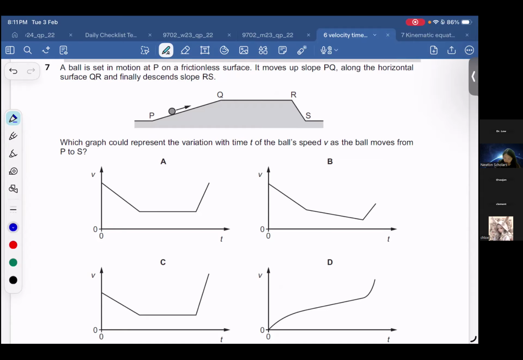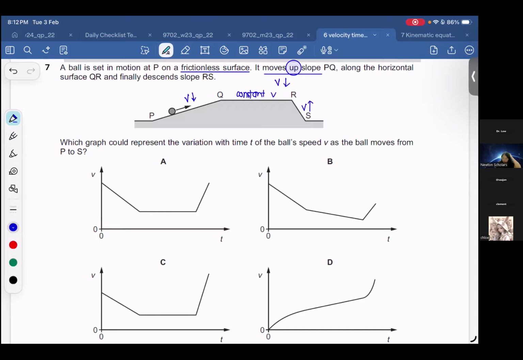It moves up, and if it moves up, the velocity should decrease. Going upward, then horizontal, and finally descending. Here the velocity will increase, here the velocity decreases, and here it should be constant because horizontal means constant velocity.